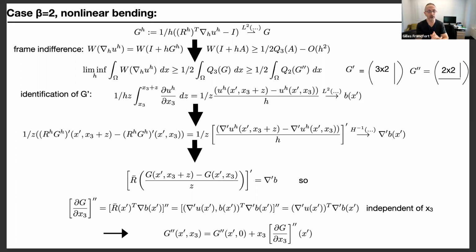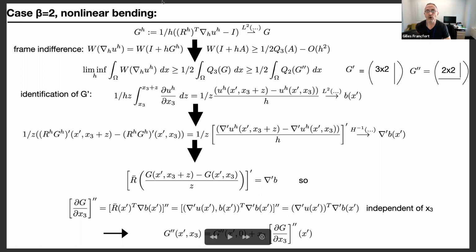So you can pass to the limit, and what you get is the next line, which is R bar times this quotient of G prime. So only the first two columns are of interest to us. And this is exactly the same as saying what I wrote as the next line, which is dG over dx3 by letting z go to 0 is what I wrote.